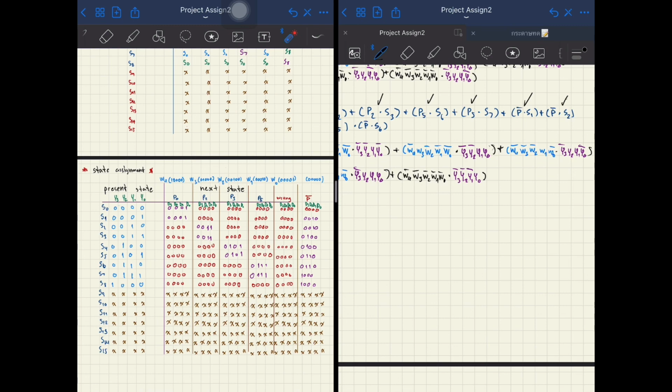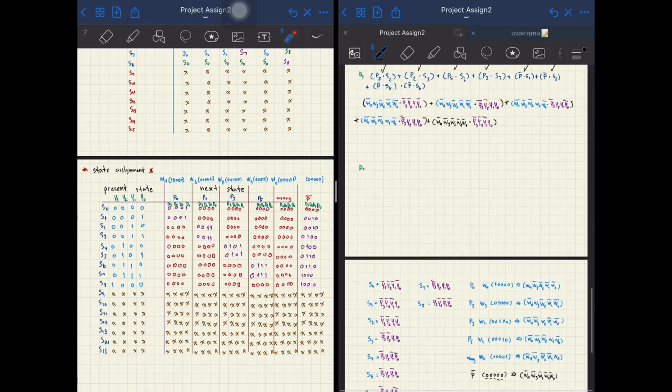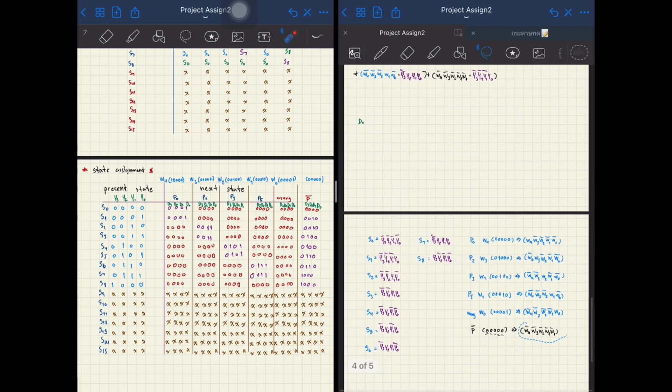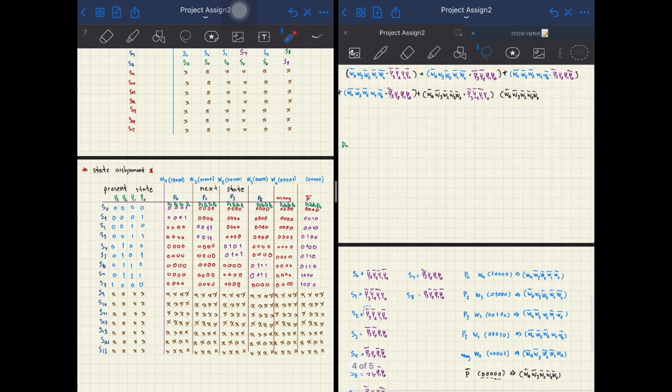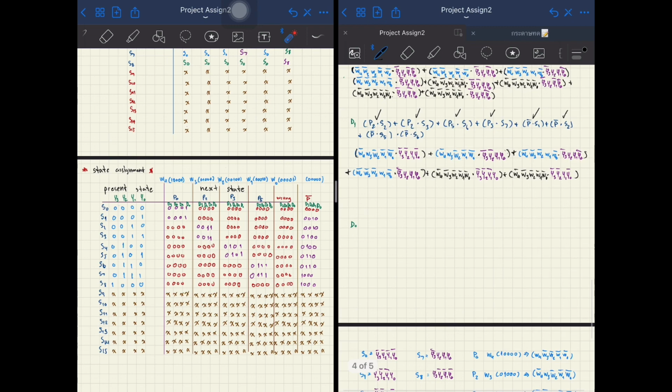Next is not place and with state 2. Not place is mean P bar, right? And with state 2, we got this thing, and together and must be or here, we check it already.